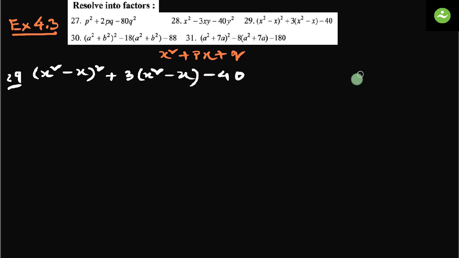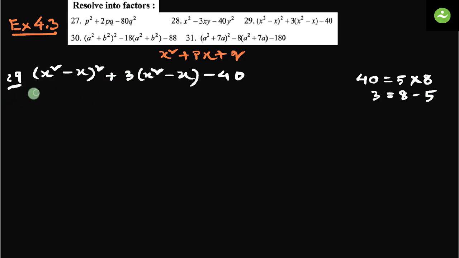Q is 40 and P is plus 3. So let us select two factors so that the product is 40 and sum is 3. How about 5 into 8, and 8 minus 5? 8 minus 5 is 3.